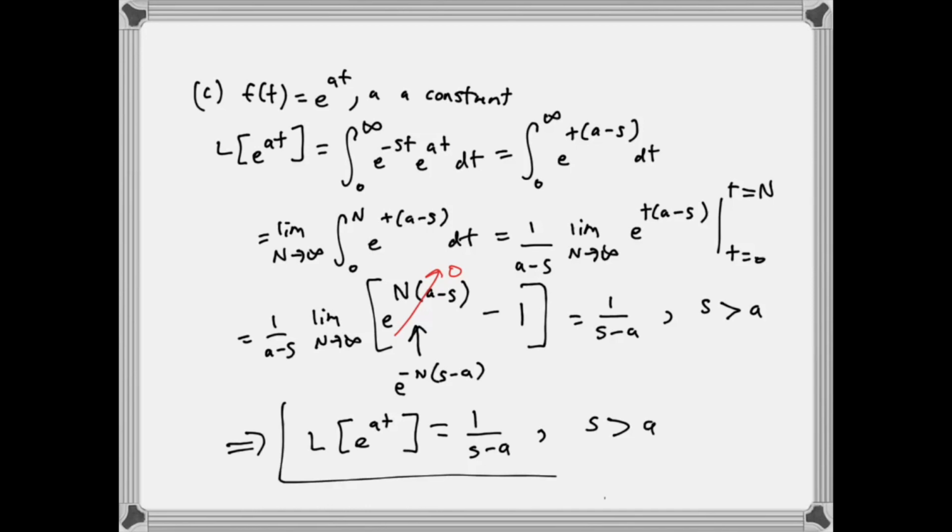This is what we've learned. We're getting these interesting functions of s by taking the Laplace transform of exponentials of all sorts of functions. Part D, I'm not going to work this out in detail, but I will give you 2 more formulas. What would be the Laplace transform of cosine of something?